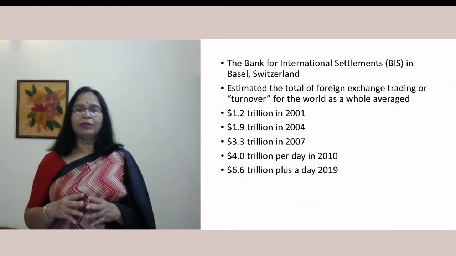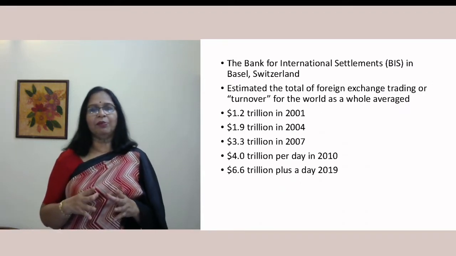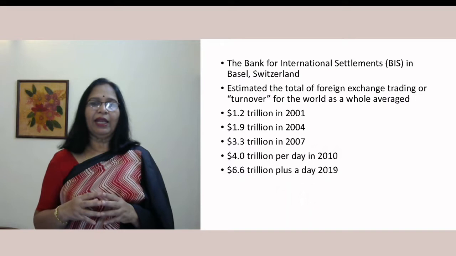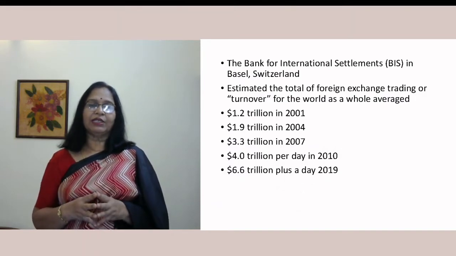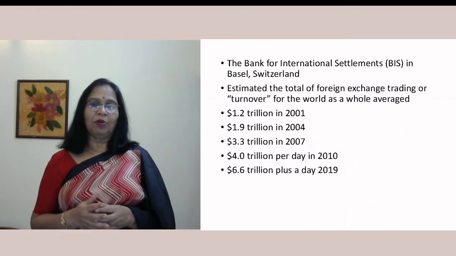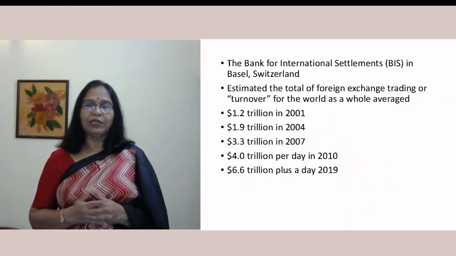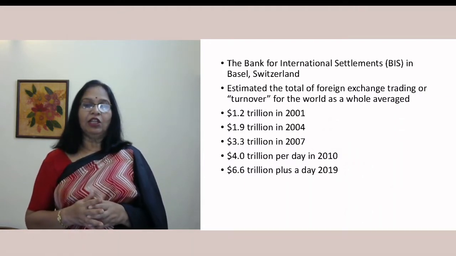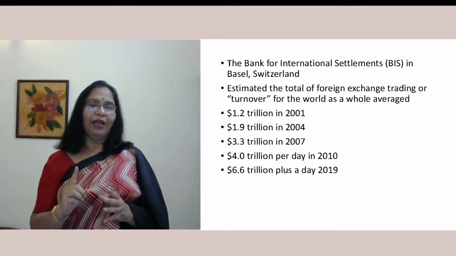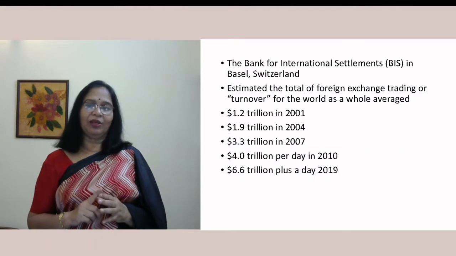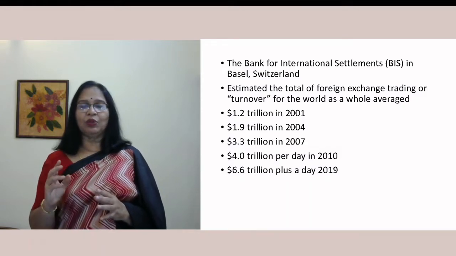Now, there is the Bank for International Settlements at Basel in Switzerland, and they estimate the total volume of foreign exchange trading that has taken place across these years. You can see in 2019, the volume of foreign exchange traded per day is 6.6 trillion. This was 4 trillion in 2010.